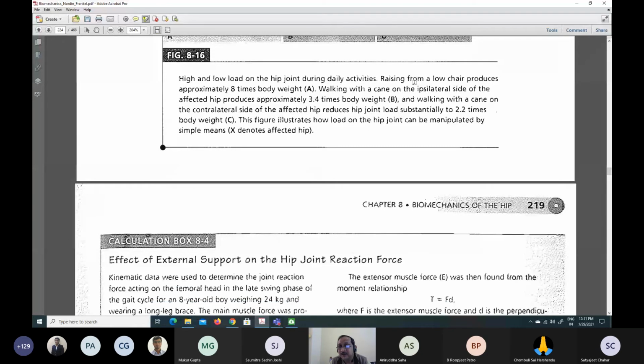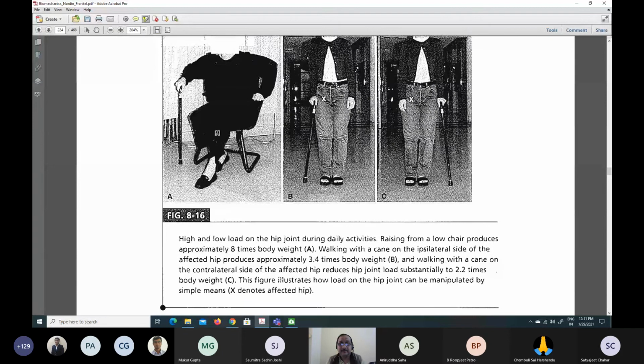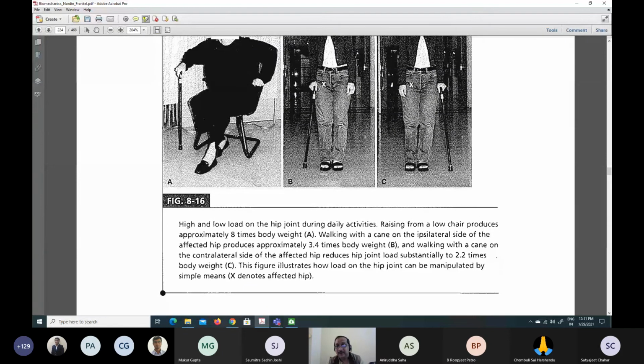Now see, raising from a low chair produces approximately 8 times the body weight. This is very important information. So raising from the chair needs aid, a simple aid in the form of a stick. Raising from a low chair produces about 8 times the body weight in case A. This has been measured.